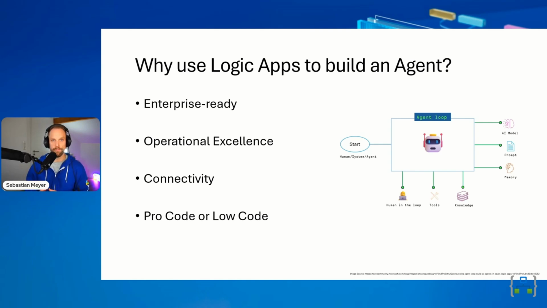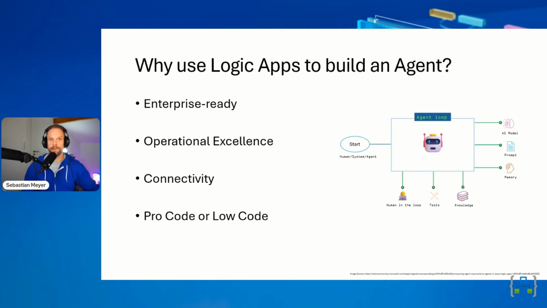This is the most important part of enterprise ready software, in this case, of enterprise ready agents. Logic Apps offer operational excellence with monitoring, logging, alerting, and retry mechanisms. So everything is completely integrated in that service without building it for yourself.